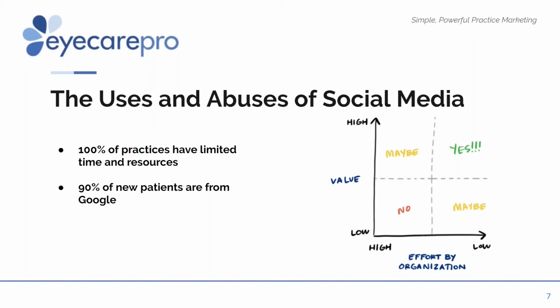Really, for our 1,800 practices that we work with, 90% of new patient growth is going to come from Google. And so social media comes when a practice does the basics right. They're showing up when people are looking, and then they're looking for the next step of their marketing. It doesn't mean that you can't do anything with social media, but every decision has to be put into that framework.